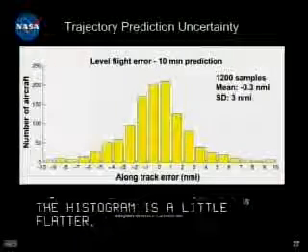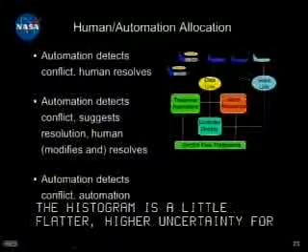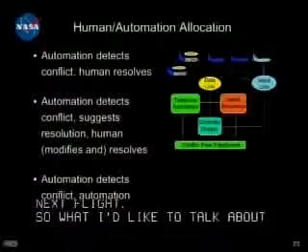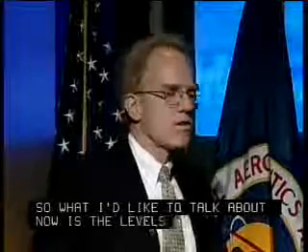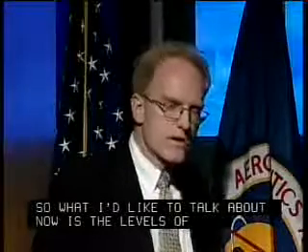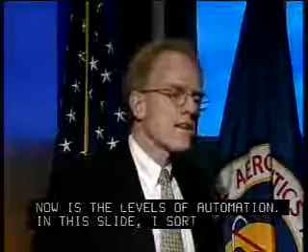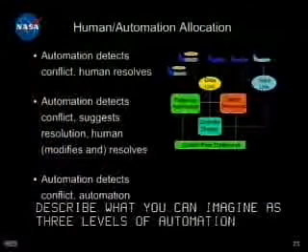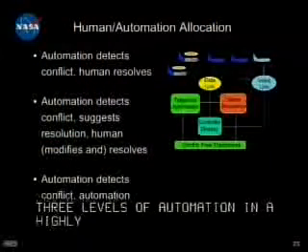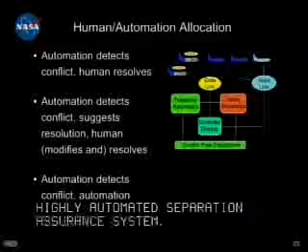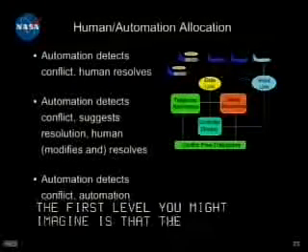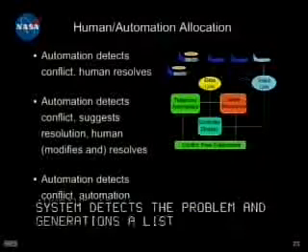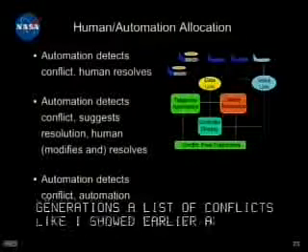Okay, next slide. What I'd like to talk about now is the levels of automation. This slide describes what you can imagine as 3 levels of automation in a highly automated separation assurance system. The first level is that the automation system detects the problem and generates a list of conflicts like I showed earlier, and the human resolves the problem using some kind of trial planning function like I showed.